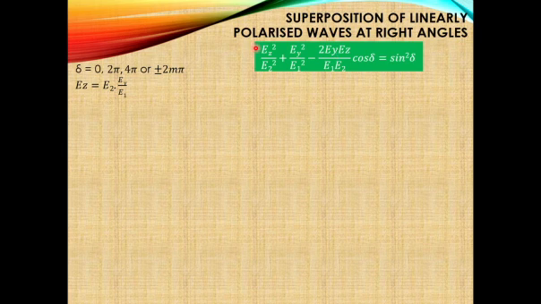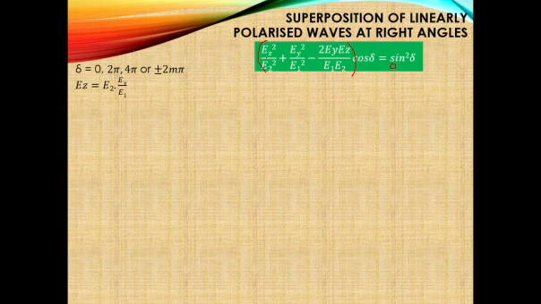Ez square divided by E2 square plus Ey square by E1 square minus 2Ey Ez by E1 E2, with cos delta as 1. So this much would be present, and this is equal to 0 for the first case. So what is this? It is of the form a square plus b square minus 2ab.